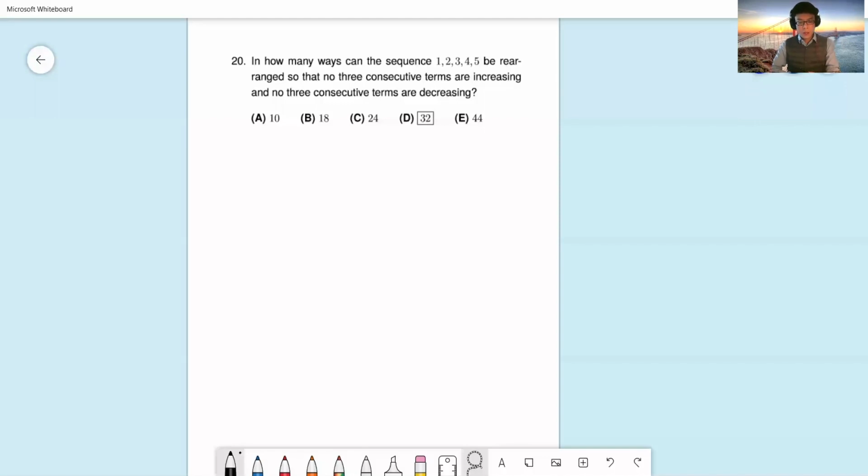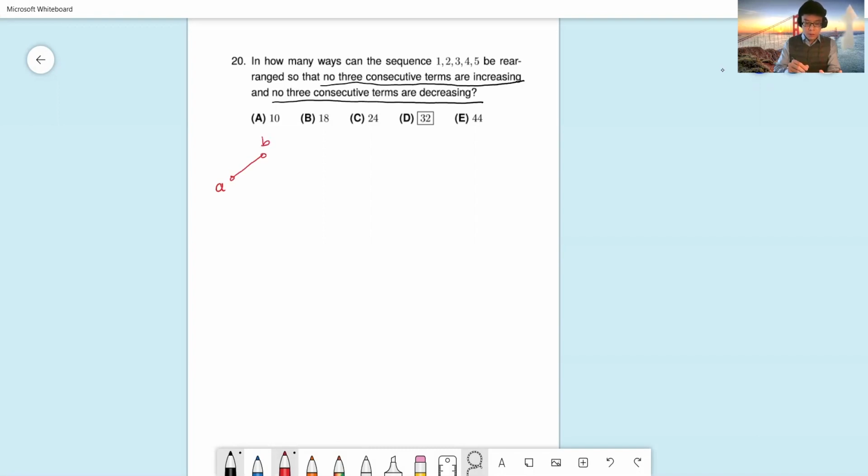Question 20. In how many ways can the sequence 1, 2, 3, 4, 5 be rearranged so that no 3 consecutive terms are increasing and no 3 consecutive terms are decreasing? Let's start from a number A. Suppose the next number B is larger.